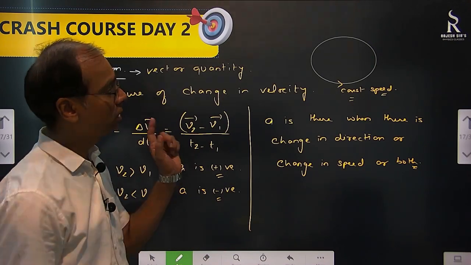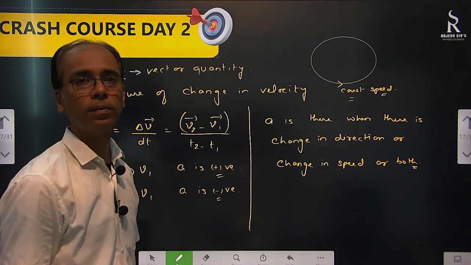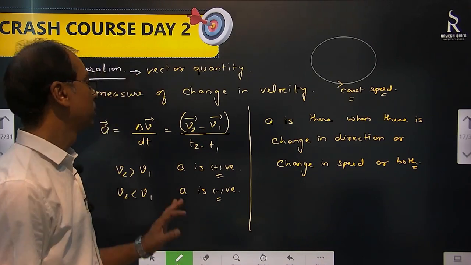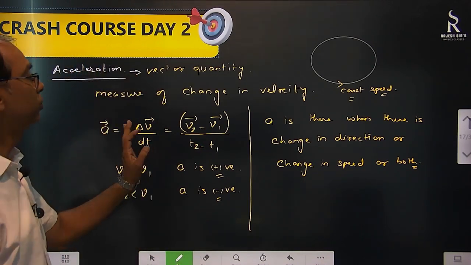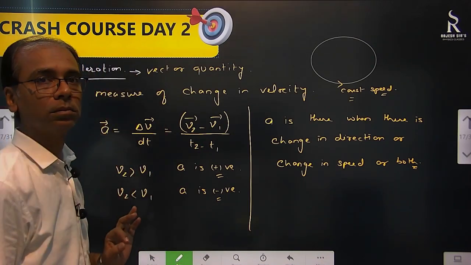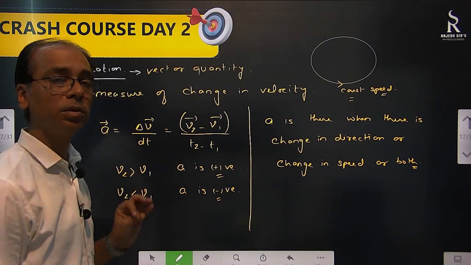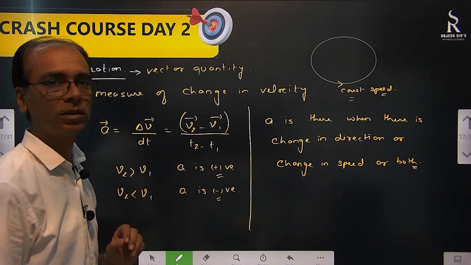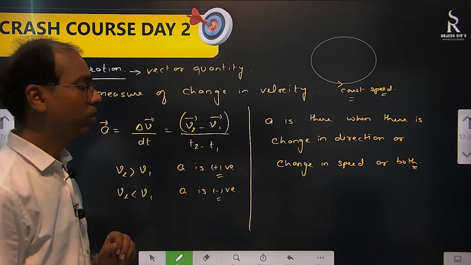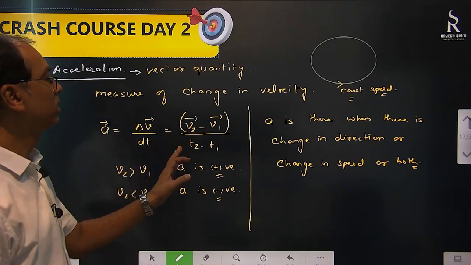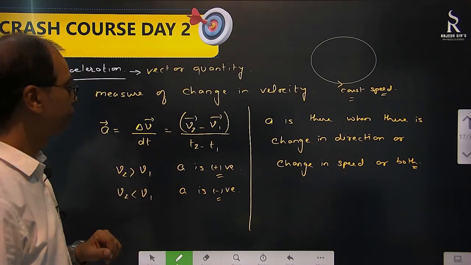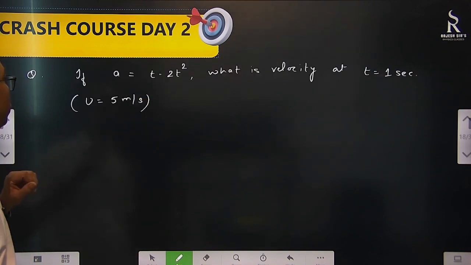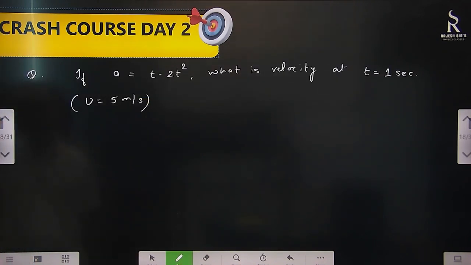Because change in direction is there, acceleration is there. So remember that acceleration is a measure of change in velocity. Can be 0? Yes. Can be positive? Yes. Can be negative? Yes. No doubt about that. So acceleration is v2 minus v1 by t2 minus t1. Right, then, all right, question on acceleration.